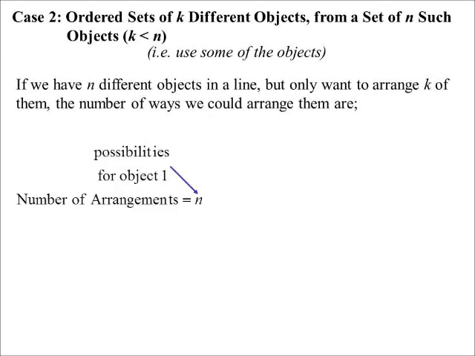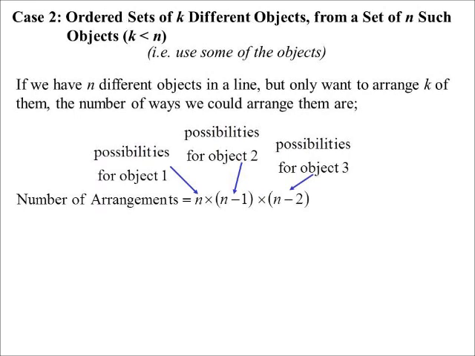There's still n ways of getting that first object. There's still n minus 1 ways of getting the next object. There's still n minus 2 ways of getting the third object. But I'm not going to go all the way. I'm going to stop at the kth object. How many ways of arranging the kth object? Have a look.